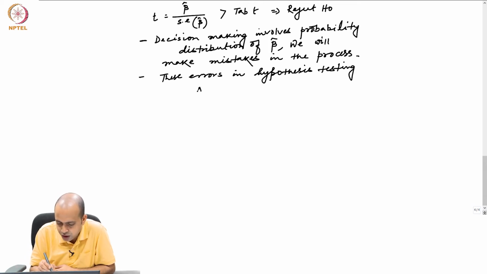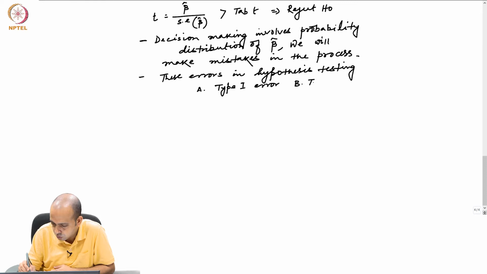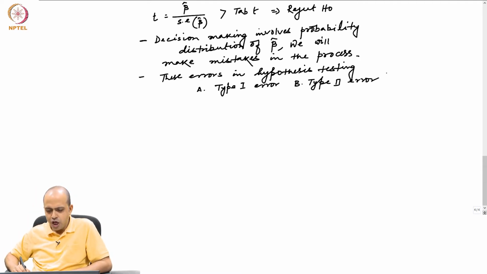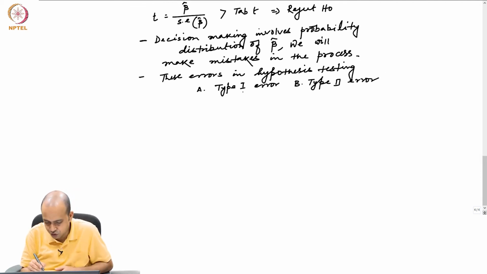So, type 1 error and secondly type 2 error. Okay. Now, I will explain this type 1 error and type 2 error. What is the definition of that?